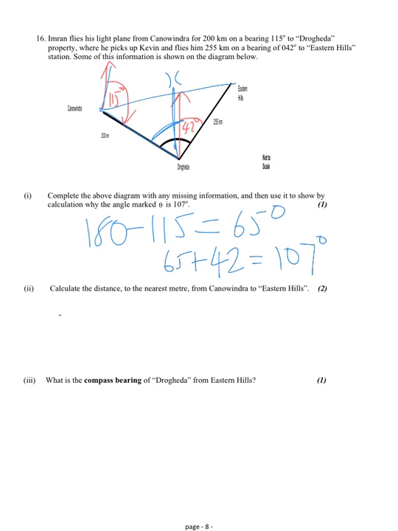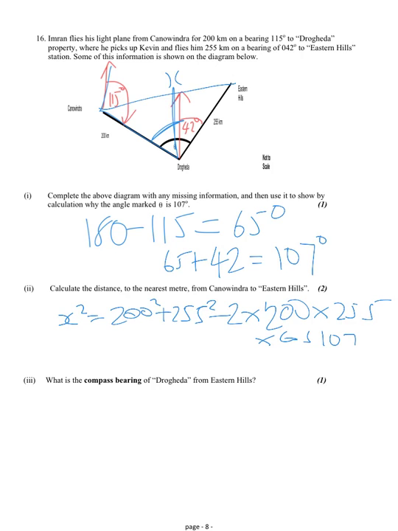we have cosine rule, so very similar to the other question. 200 squared plus 255 squared minus 2 times 200 times 255 times cos 107, which gets us 135,474.86. We only want x, so we square root, and we get 368.0691003.